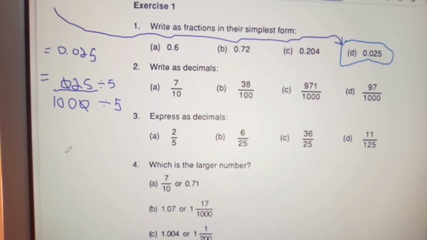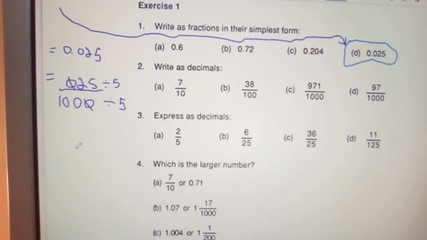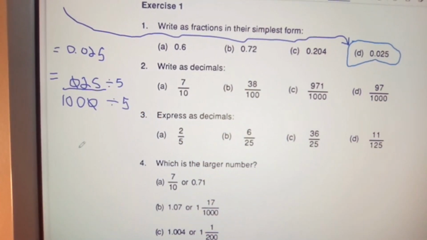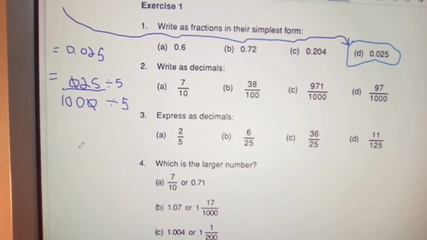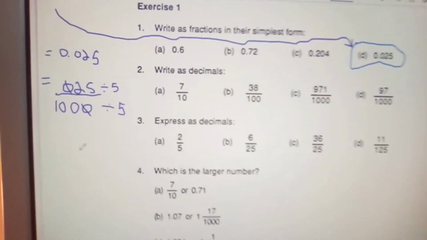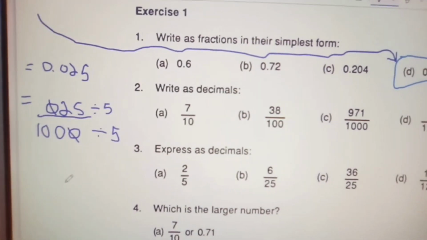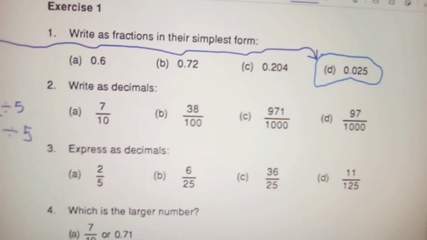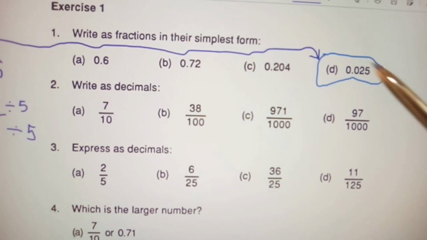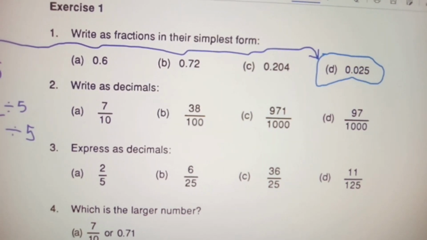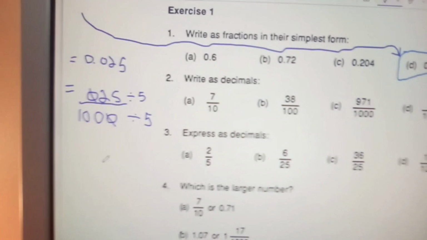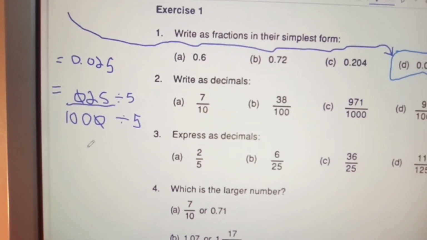My apologies, again it will not be edited, my mistakes are in. 5 into 25 goes how many times? And remember, we're dealing with this question here, that's our question we're working on. So 5 into 25 goes 5 times.